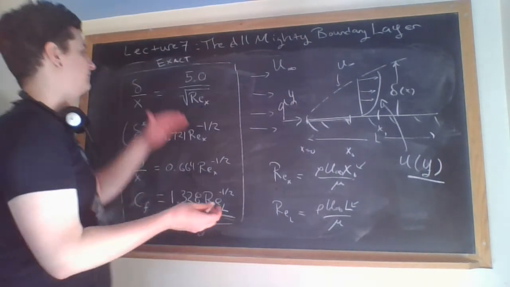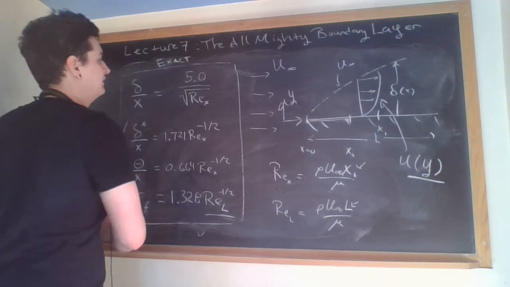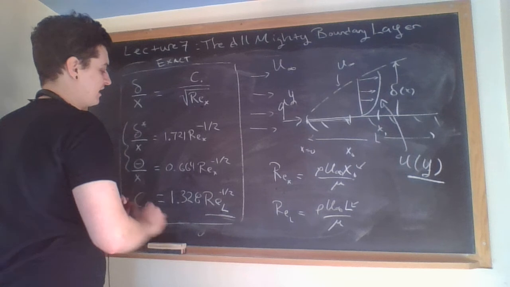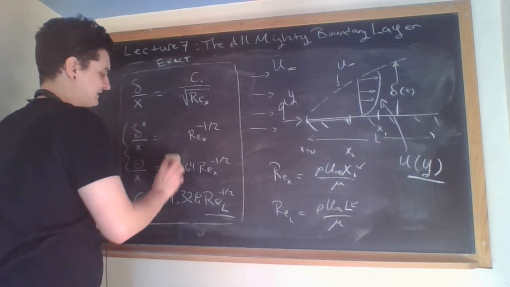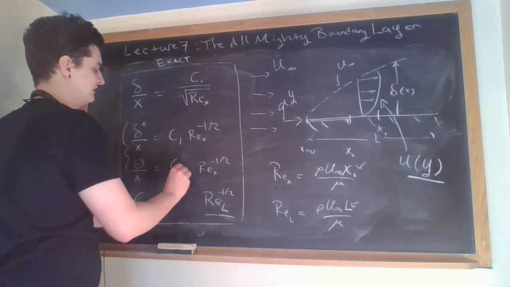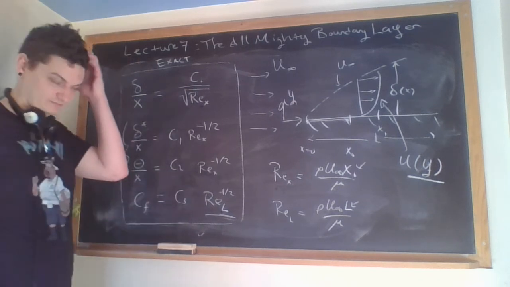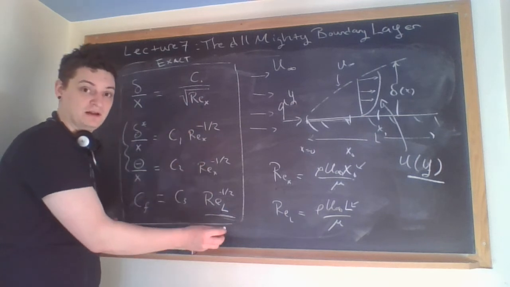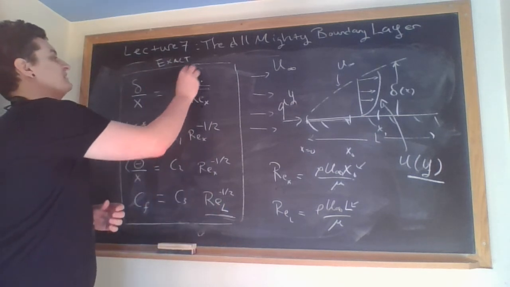There are approximate versions of this where this is just some constant. So let's say C naught. And your book has these. This is like C1, C2. It's still the same dependence on the Reynolds number, but for the approximate versions, these numbers change.